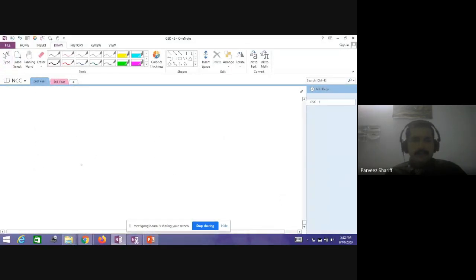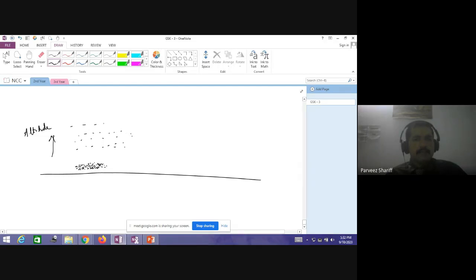If I consider this the Earth's surface here, then the air particles are densely packed near the ground, near the Earth's surface. As we go higher in altitude, what happens? Air particles get separated like this.